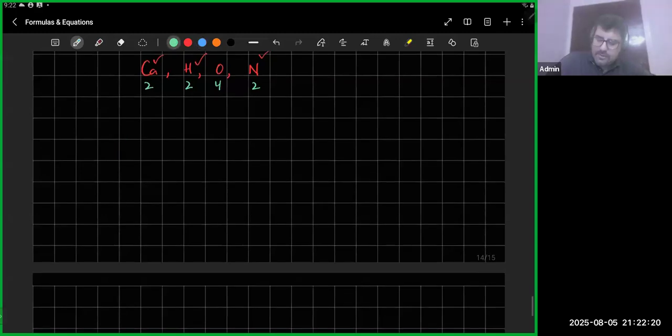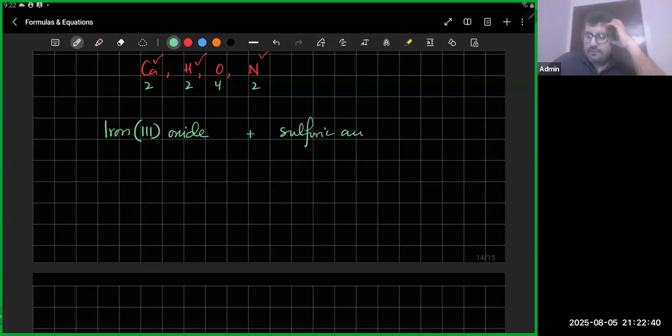Now you tell me, let's say I have iron 3 oxide reacting with, what do I need to react it with? Let's say it reacts with sulfuric acid. Can you guys work out what iron 3 oxide is?